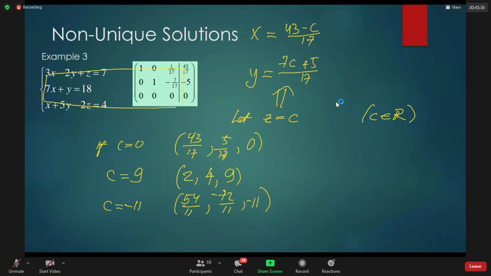In the given matrix, which I had to erase, I did have 7, 1, 0. This is what we had after transformations. In the given matrix, we had the row 7, 1, 0, 18.